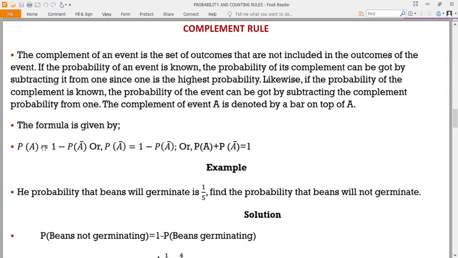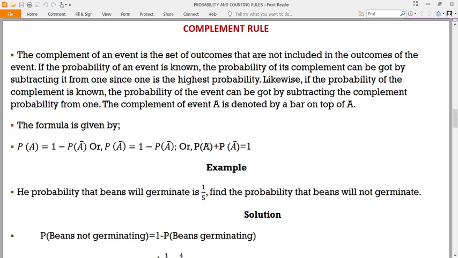So the probability of A complement will be 1 minus the probability of A. Sorry, this doesn't have to have the bar up. It is 1 minus the probability of S. I'm going to correct it in the notes I uploaded. So a complement is the total probability minus the probability.